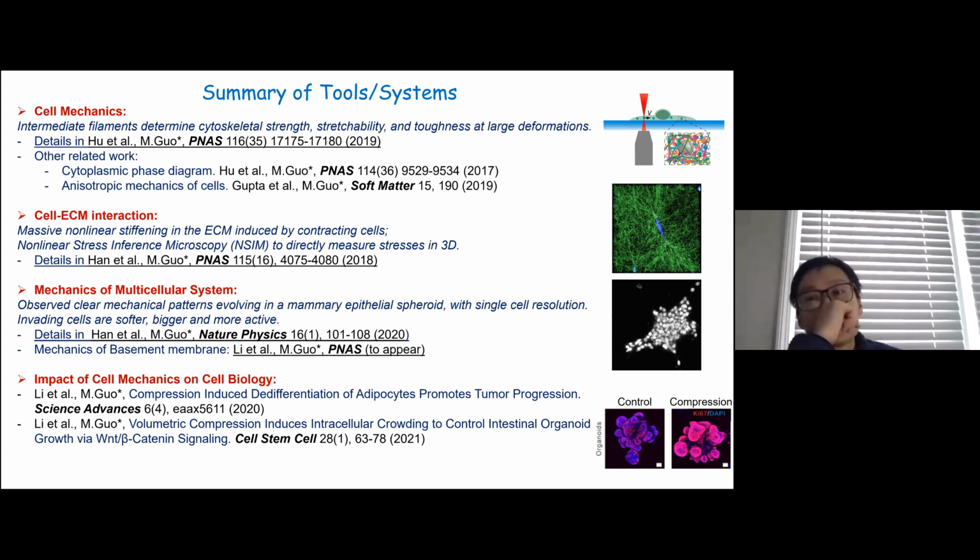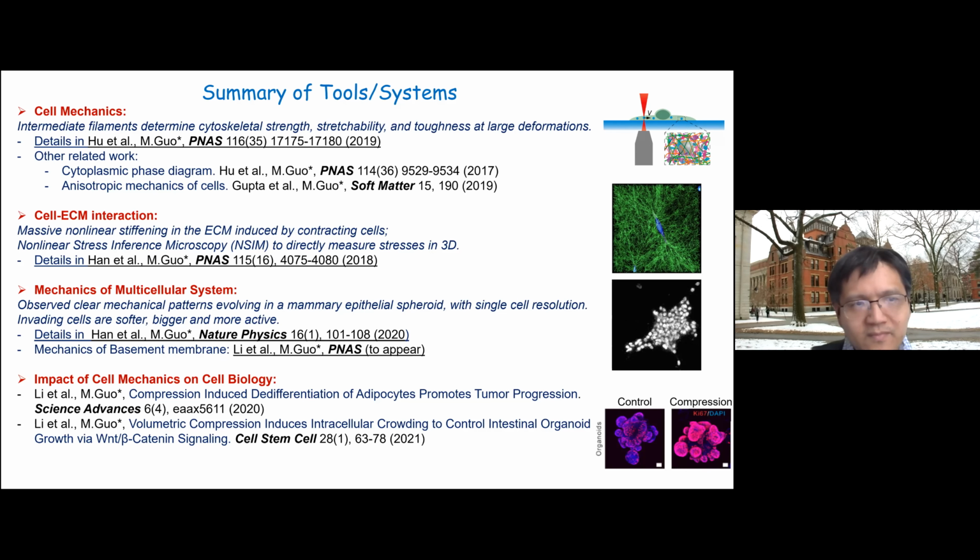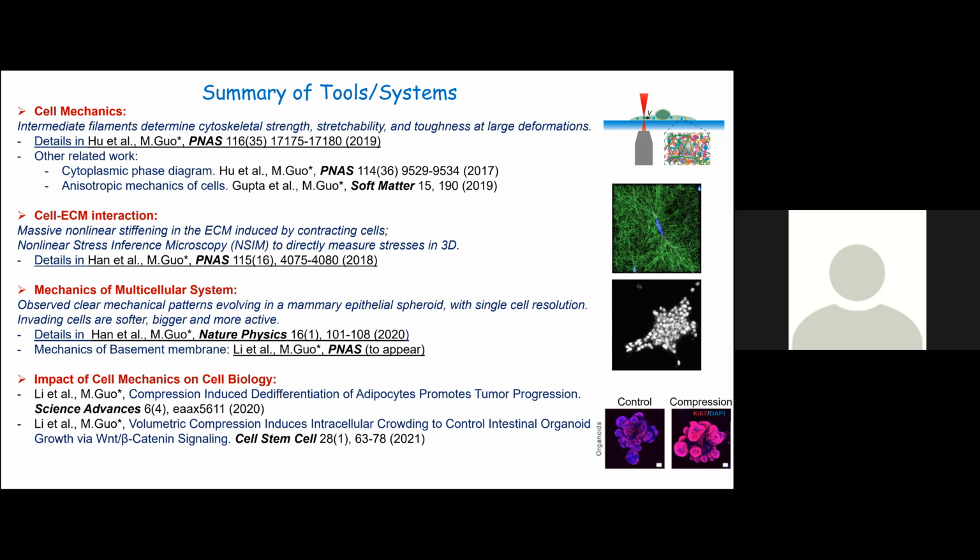Great. We can take one last question if there's any. Ming, I have a further question regarding your spheroid. You always see those pretty nice isotropic shapes. Can you sometimes see an anisotropic shape, like the spheroid becoming more elliptical or oblate?